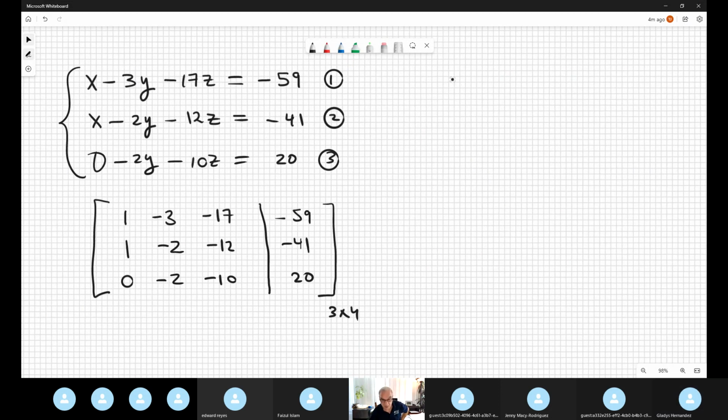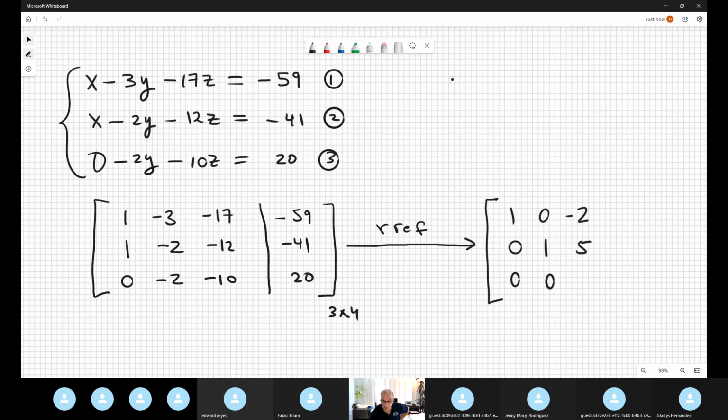Okay, so you apply RREF again and you get that matrix: 1 0 0 0, 1, 0, negative 2, 5, 0. In the software you don't see the line, but it's okay. I put a line to separate, 0, 0, 1.